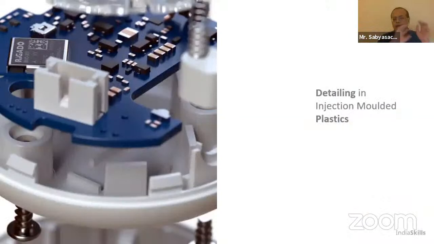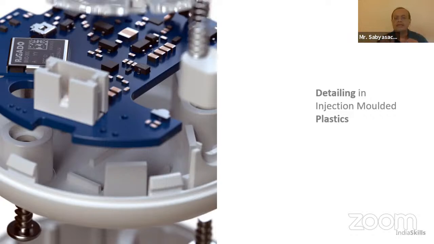Given all of this, since we have limited time, what we're going to talk about today is detailing, specifically for injection molded plastic components. I assume that you already have your form and concept ready, and you have already modeled it out.